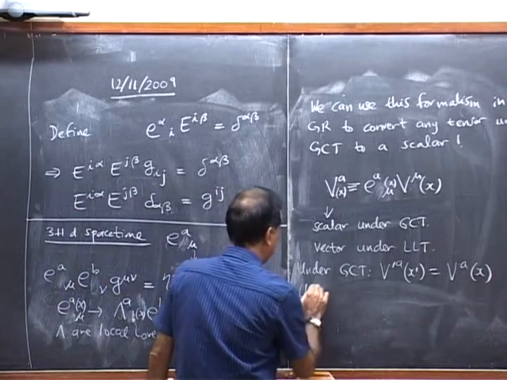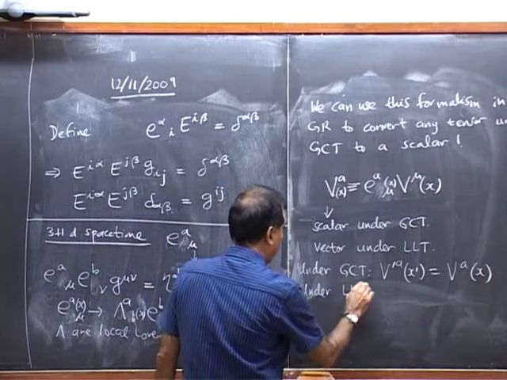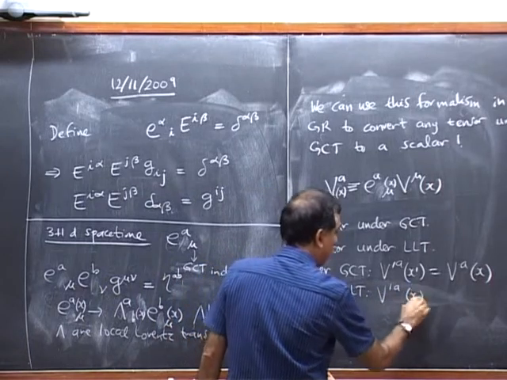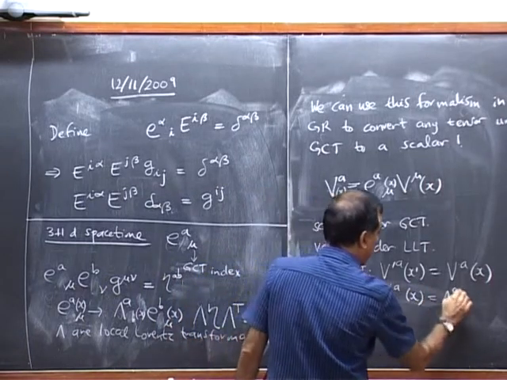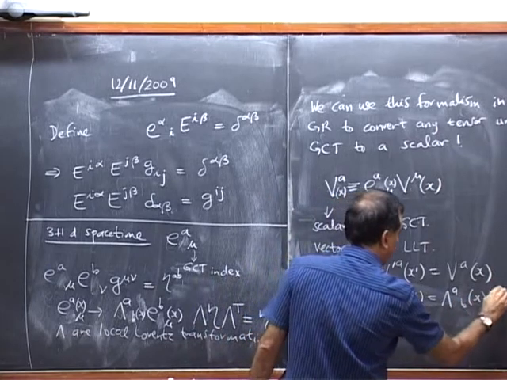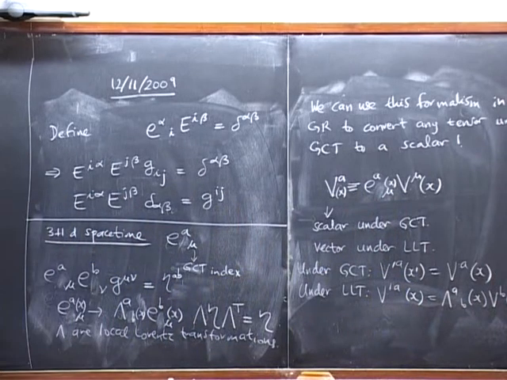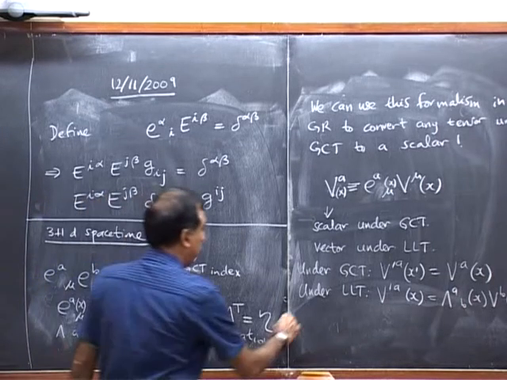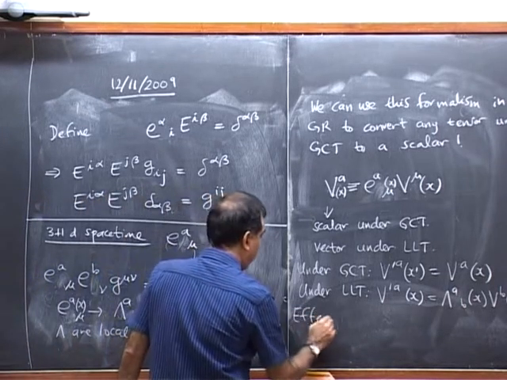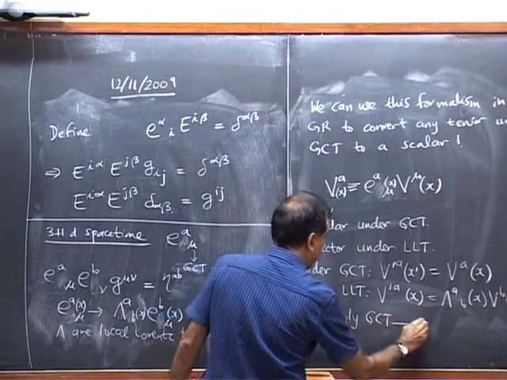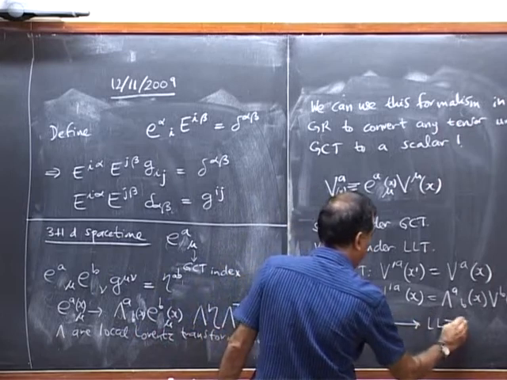On the other hand, under LLT, V prime A of x, not of x prime, is lambda AB of x, V B of x. So this is the statement that effectively GCT gets replaced by LLT.